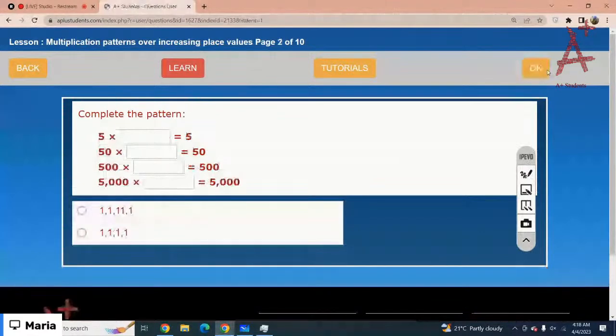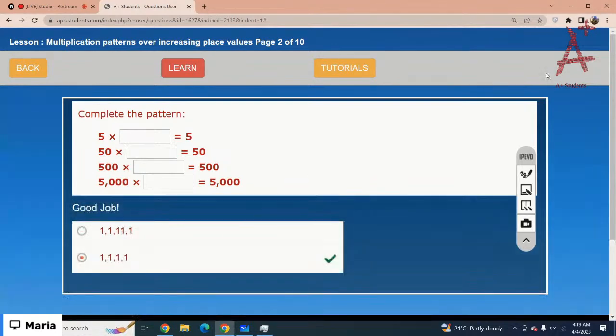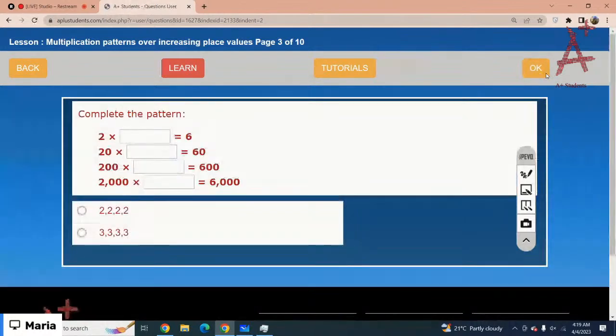Okay, which is the correct option? Yes, that would be option number 2. Got it. 5 times 1 is 5. 50 times 1 is 50. 500 times 1 is 500 and 5000 times 1 is 5000.